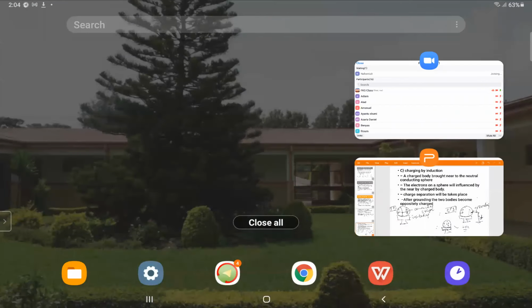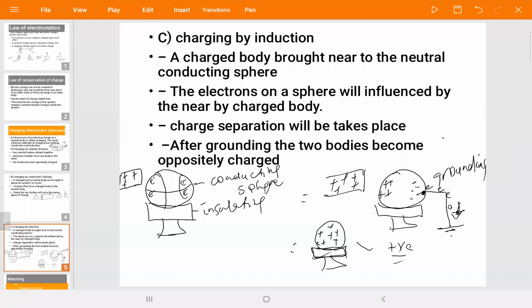To use this induction mechanism, we have to put the conducting material on an insulating material. This is a very important point. Otherwise electrons will leak to the ground. Therefore, the one which is subjected to charging needs to be a conductor. Since it is a conductor, it needs to be put on an insulating object.